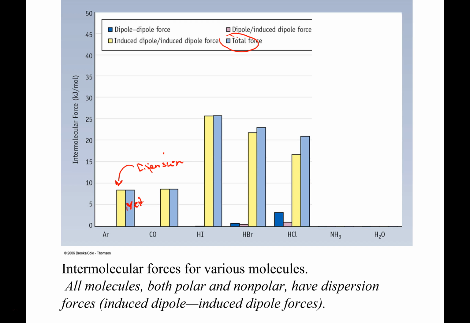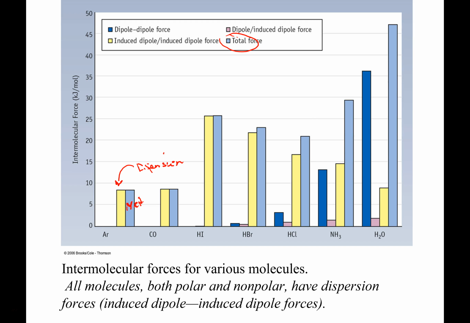Now this next set, we have HI, HBr, HCl. Any hydrogen bonding here? Nope. No hydrogen bonding. But we do have some dipole force, because these are polar, right? So you can get dipole. See, that's the dark blue, so this is right here.